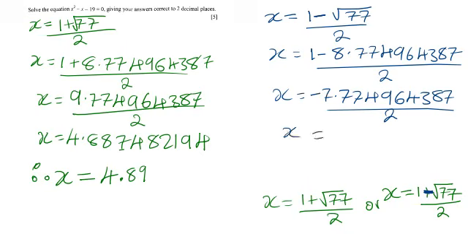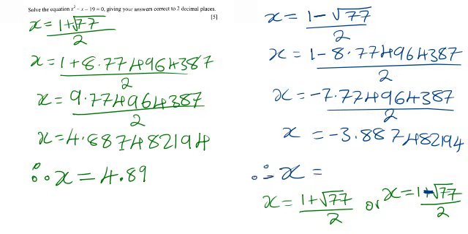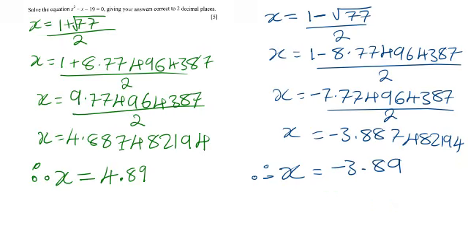Now you divide this by 2, your answer will be negative 3.8874821994. Therefore your second answer, x will be equal to negative 3.89, because 7 is greater than 5, and then it donates a 1 to 8. So that's how you solve this quadratic equation using the formula.